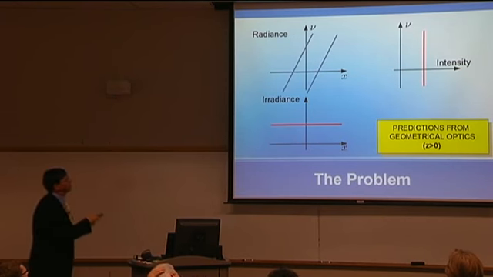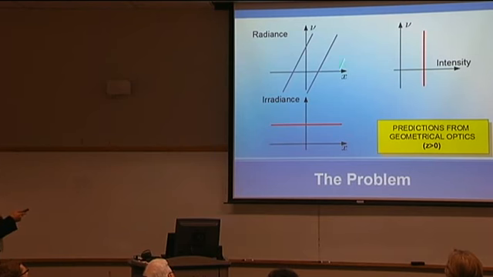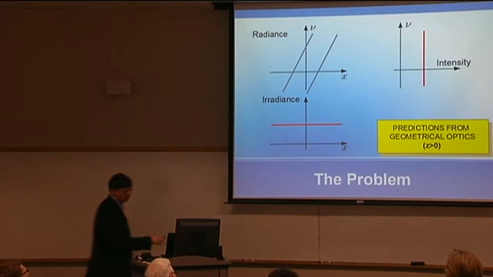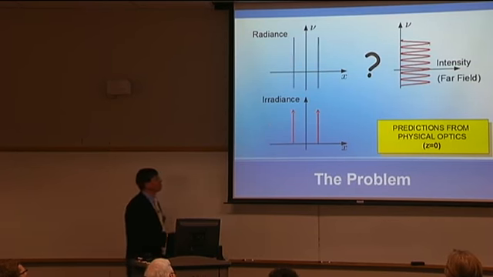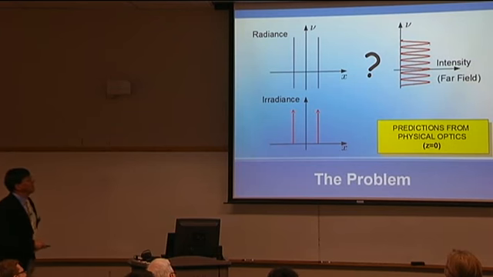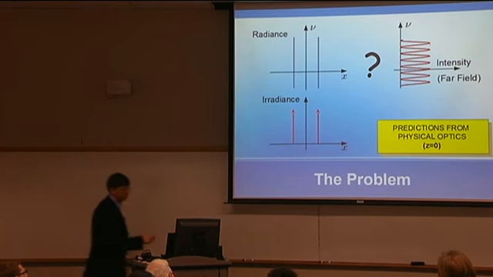But the whole thing becomes more questionable when we look at a diffraction plane. Then the prediction of geometrical optics is that we have a constant in both these projections. Why is this a problem? Because physical optics actually tells us that in the source plane, our spectrum is already modulated.